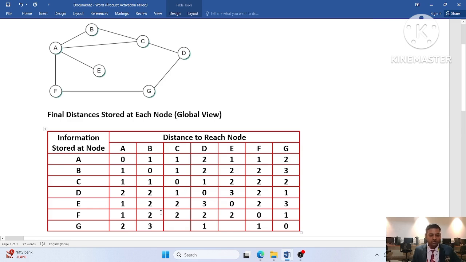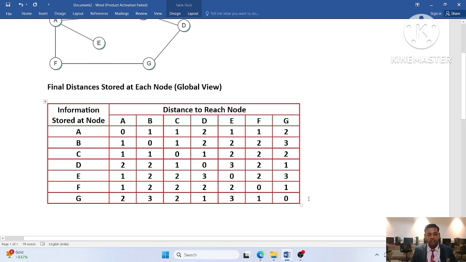Next one is G to C. C to G is 2. So G to C is also 2. We can replace. Next one is G to E. E to G is 3. So G to E will also be equal to 3. So now this is the final table.